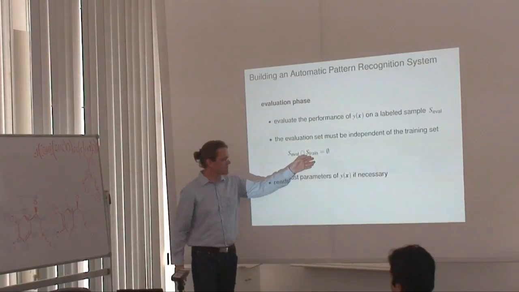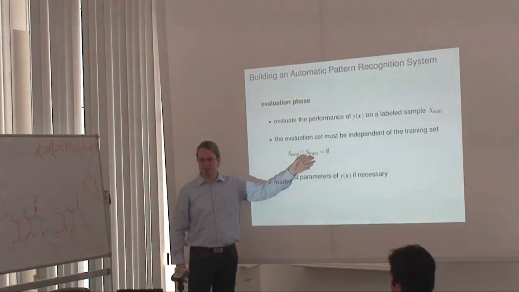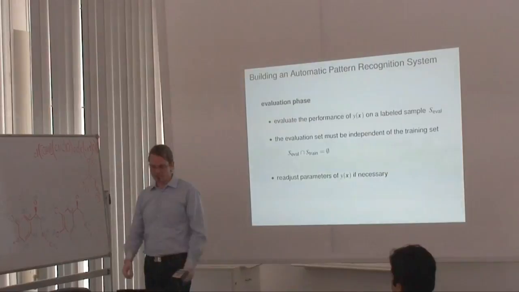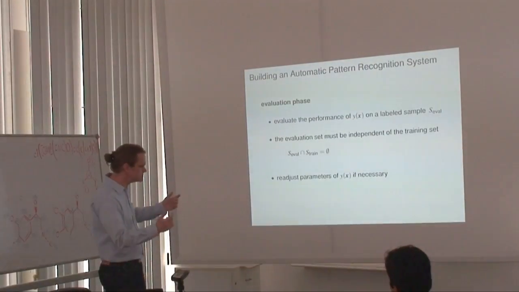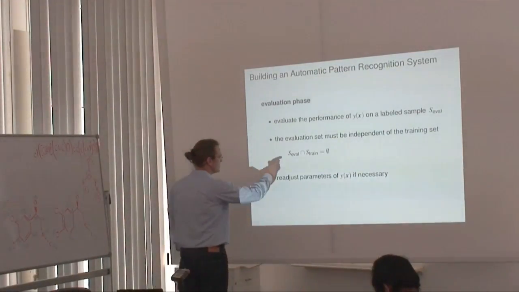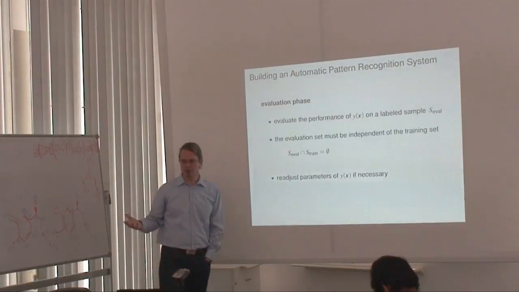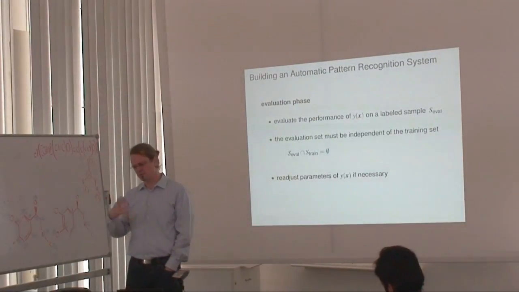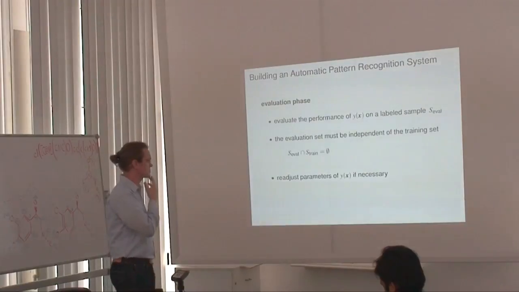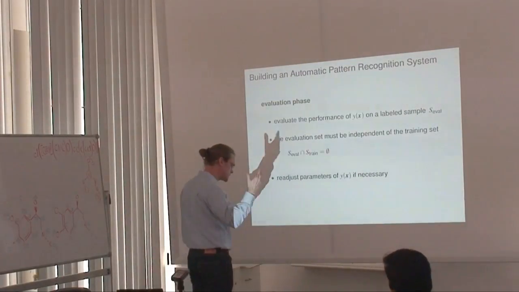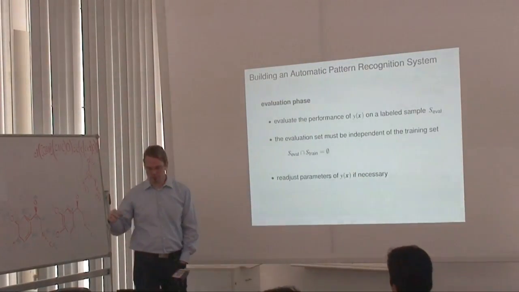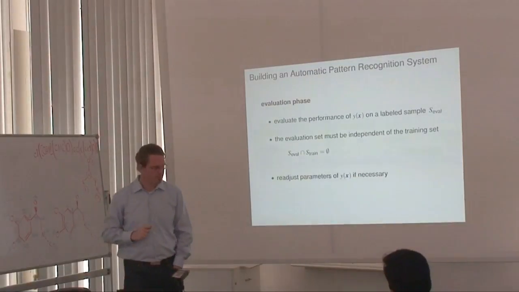And we have trained our classifier on this data here, and it produced some function, and now we evaluate the performance: how often is it correct, how often does it make a mistake, stuff like that. There are several measures we can think of here called, say, accuracy, precision, recall, all these kinds of things.